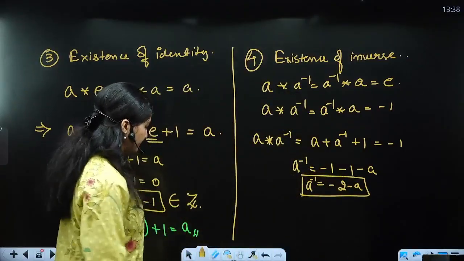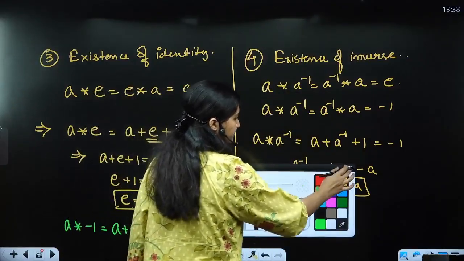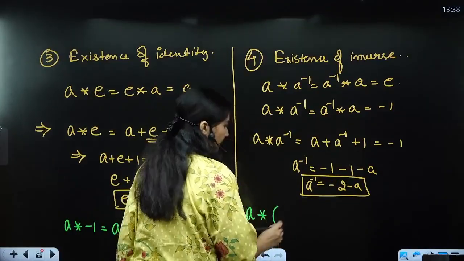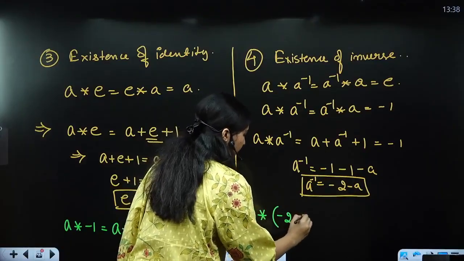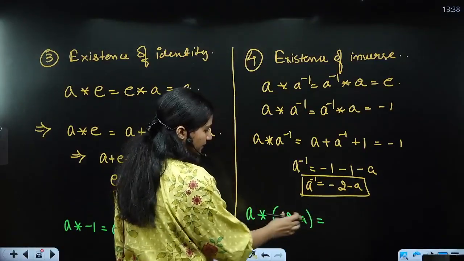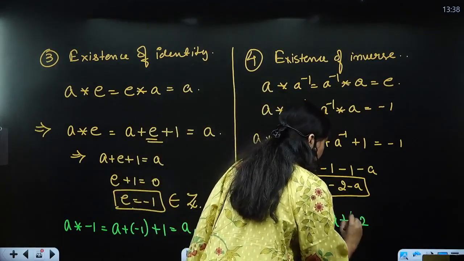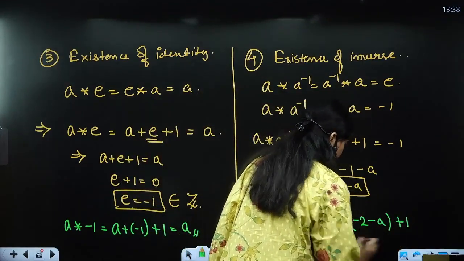What is the value of a inverse? Minus 2 minus a. You can verify it as well. So a operation a inverse, minus 2 minus a, will be what? a plus b plus 1. So this is a plus minus 2 minus a plus 1.